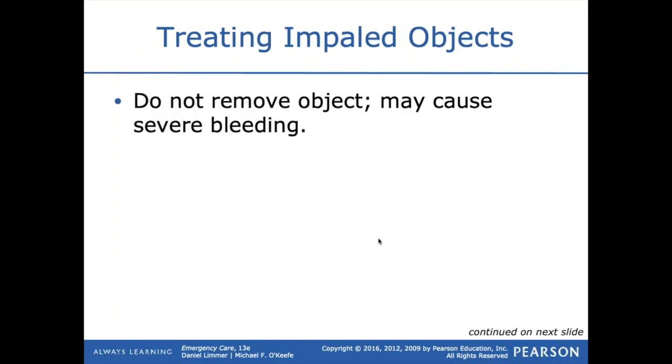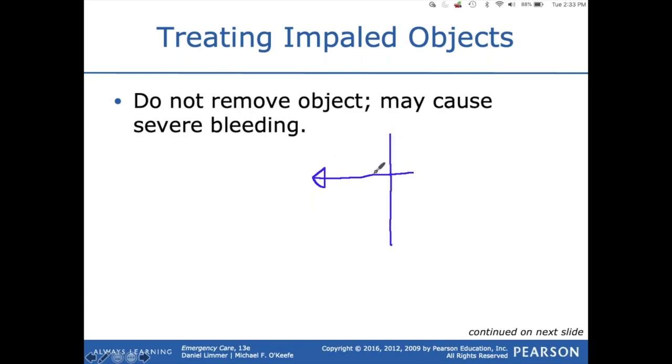Impaled objects. Do not remove the object unless, of course, it's in the face and it involves the airway. We'll see that. But the problem with impaled objects is you could have, think about a fish hook or an arrowhead, right? You've got an arrow. This is the guy's skin.